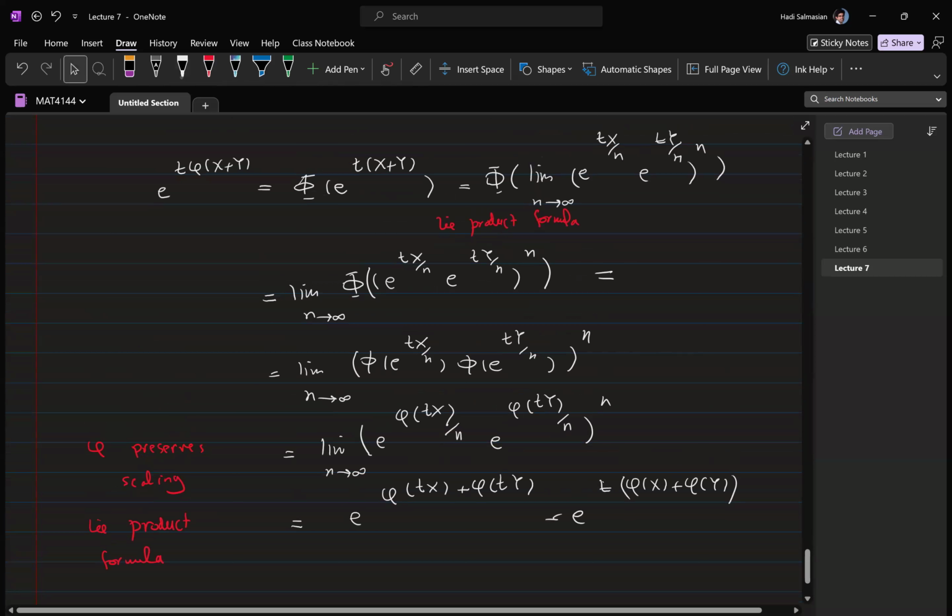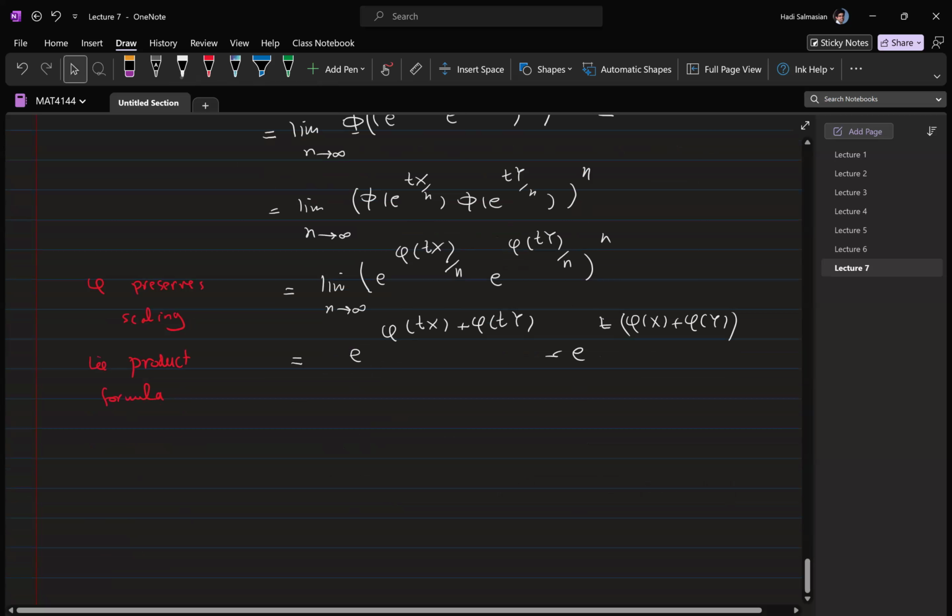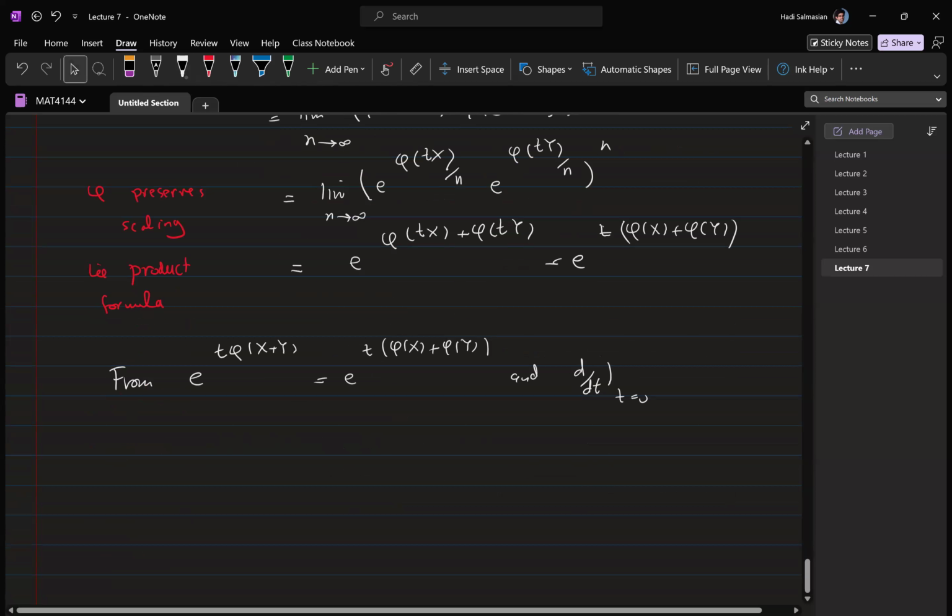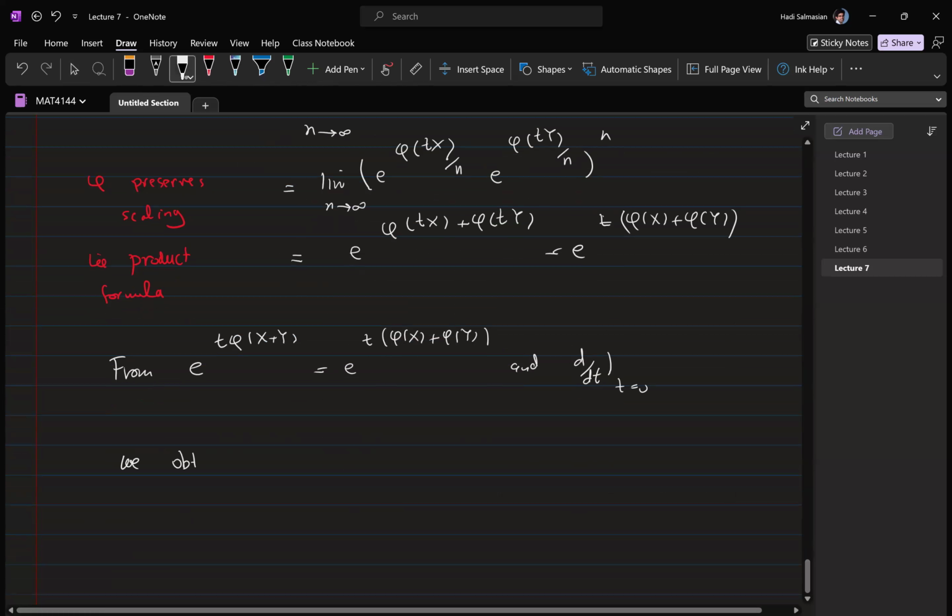All right. So I have shown that e to the t of the phi of the sum is e to the t of the sum of the phi's. So from e to the t times phi of the sum equals e to the t times the sum of the phi's, and differentiating at t equal to 0, again, we obtain phi of x plus y equals phi x plus phi y.